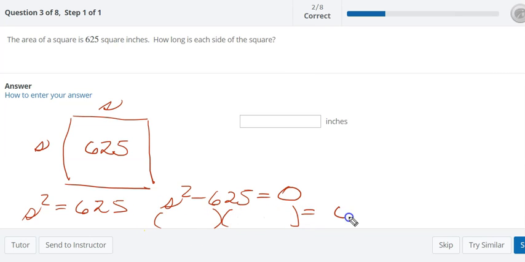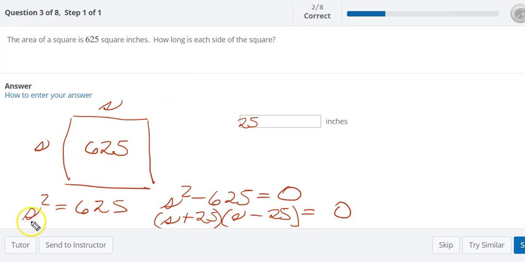Factoring that, this is the difference of perfect squares. 625 is 25 times 25. One's plus, one's minus. So here, s is going to be 25. So if we put a 25 there, that's going to be the answer.